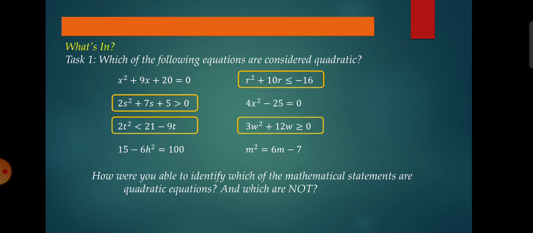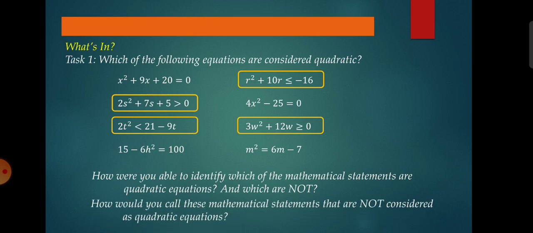Because of the symbol equal. And which of them are not? Or based on the encircled mathematical statements, what have you observed with the symbols that have been used? There is no symbol of equality. So how would you call these mathematical statements that are not considered as quadratic equations, like those encircled?